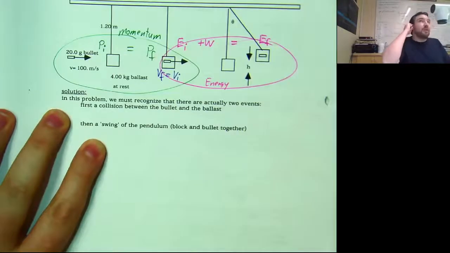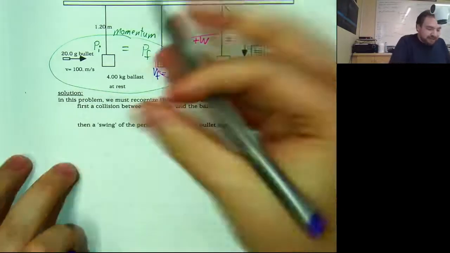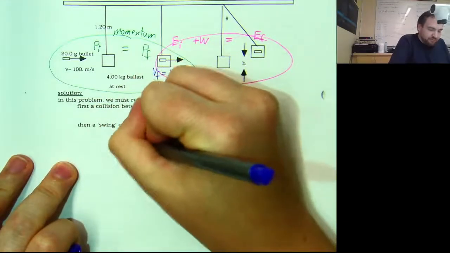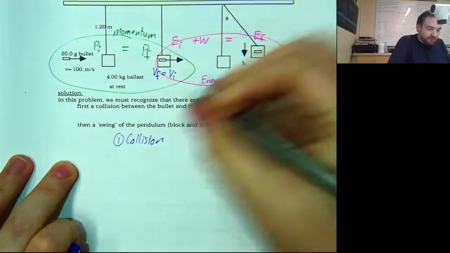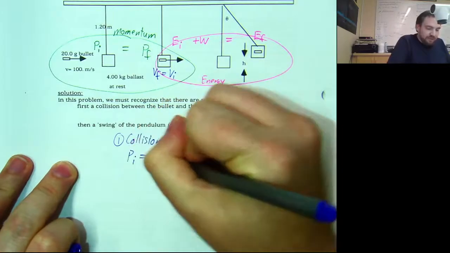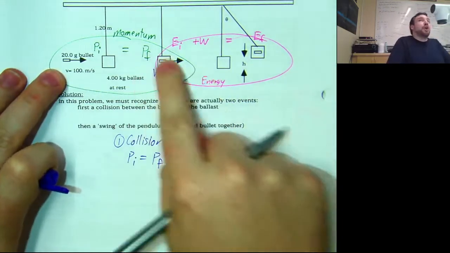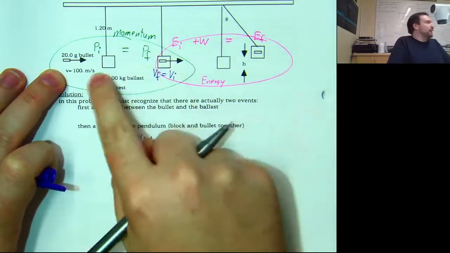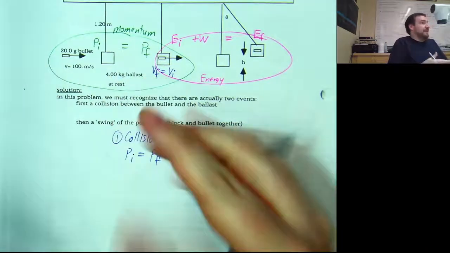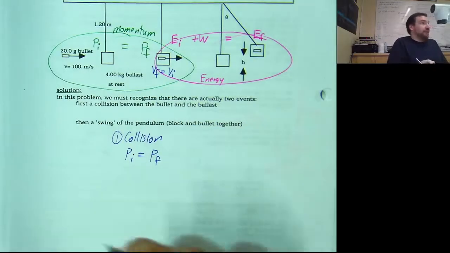So let's do it. We've got momentum. We know that at the beginning, we're dealing with a collision. So momentum initial equals momentum final. We know that we can't use energy here because we don't know about work or energy lost due to the impact. Momentum is going to conserve everything though. So let's use it.